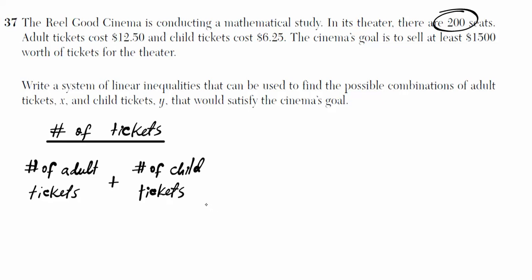So it has a maximum, it has a ceiling. So if they sell all the tickets, the total is going to be 200. What if they don't sell all the tickets? It's going to be less than 200. So the maximum is 200. So it has to be less than or equal to the number of seats in the theater.